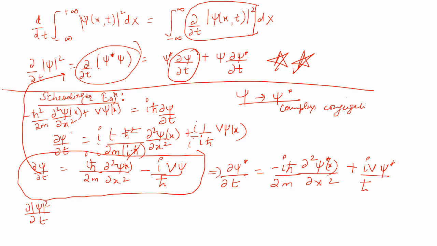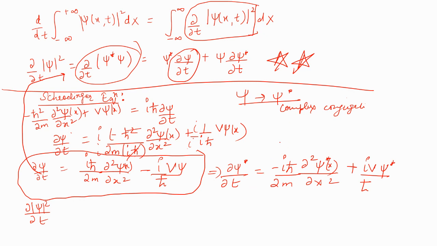See, first of all, we know the probability of finding the particle in all space, and I'm just differentiating it. I'm taking the differentiation inside the integration, differentiating this probability density of finding the particle. So d by dt of psi star psi I can write like this: psi star d psi by dt plus psi d psi star by dt.